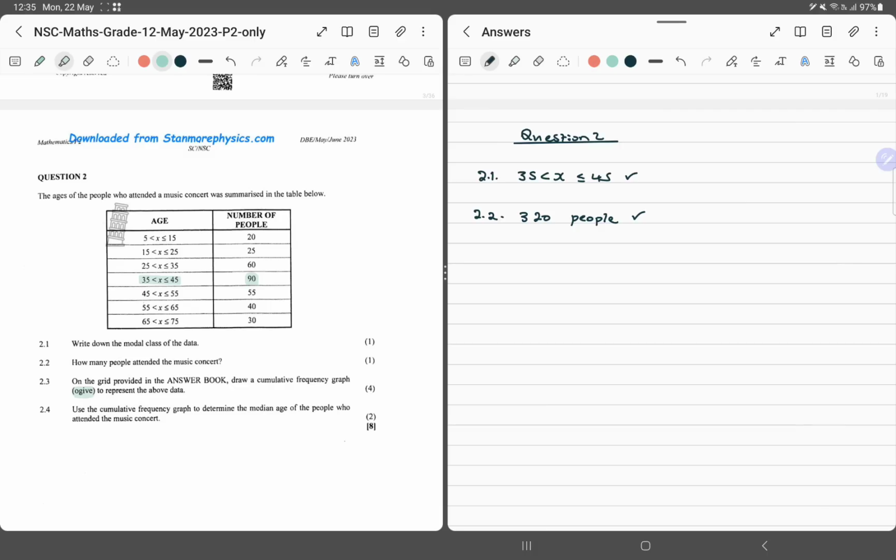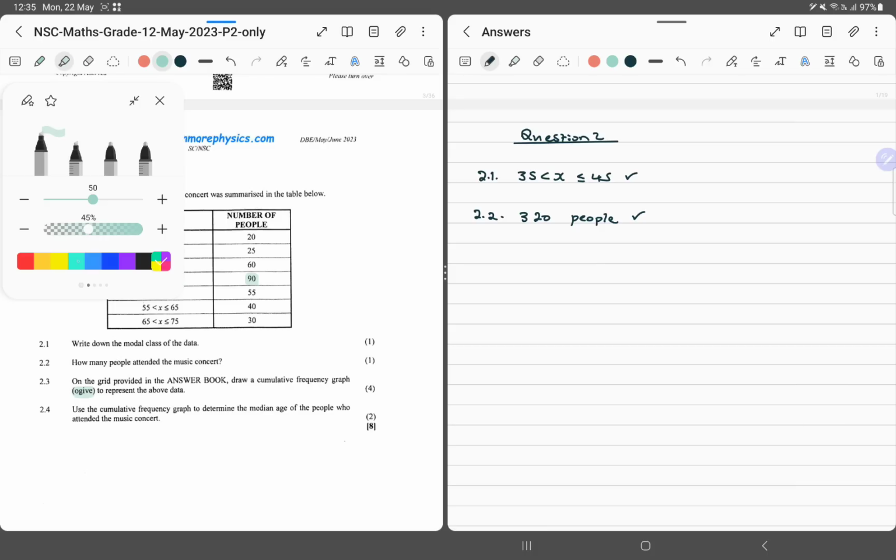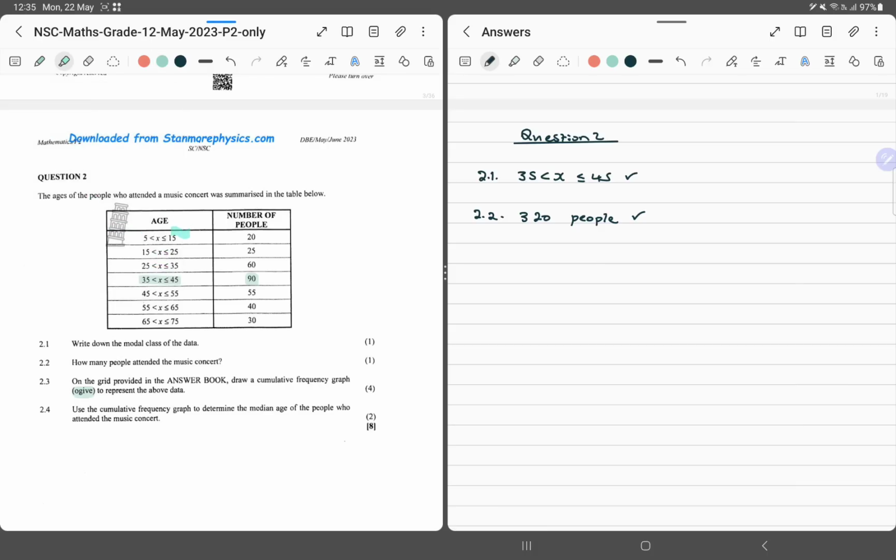When we do the cumulative frequency graph, we always take the upper class boundaries. And then we do cumulative frequencies, meaning for the first one, it's obviously going to be 20. For the second one, it's going to be 20 plus 25. You get me? And then we keep going like that.